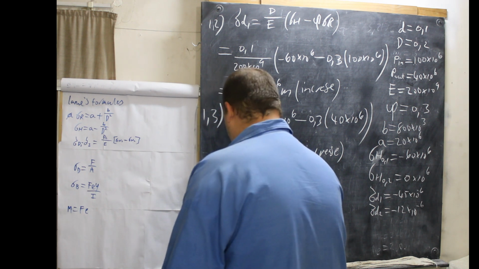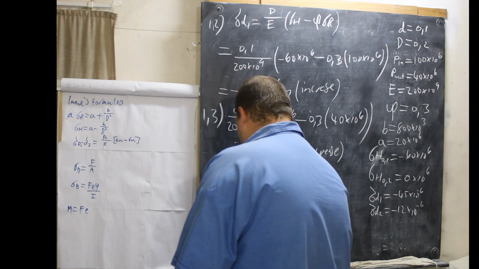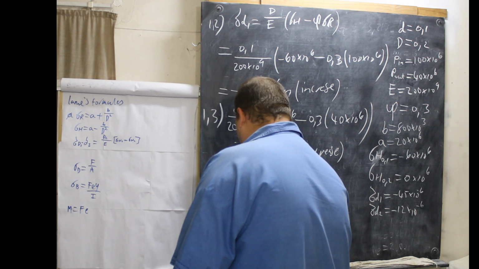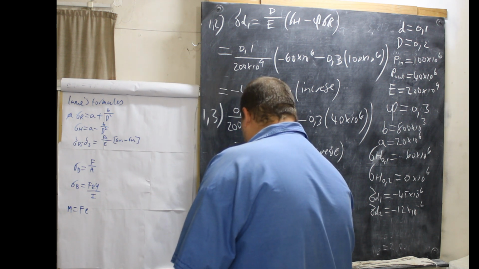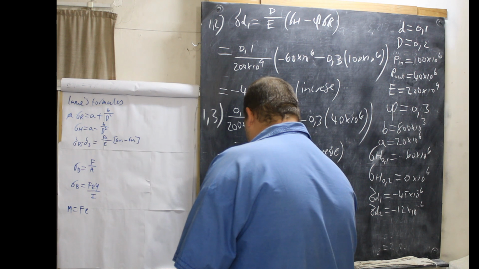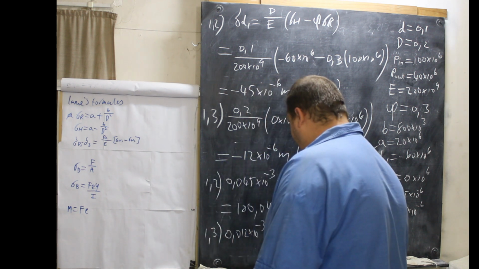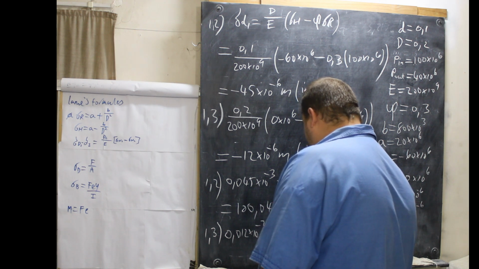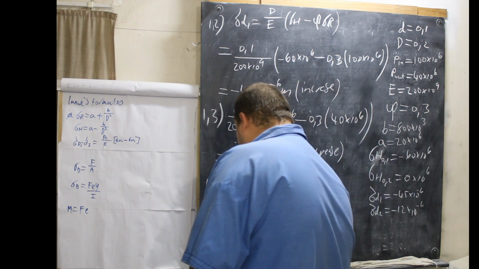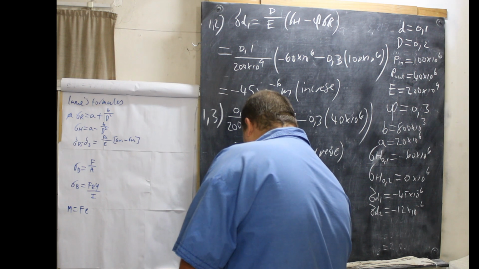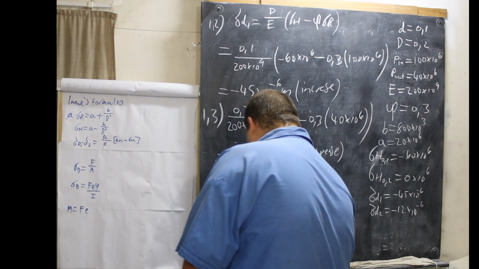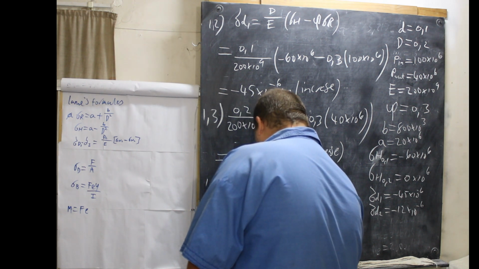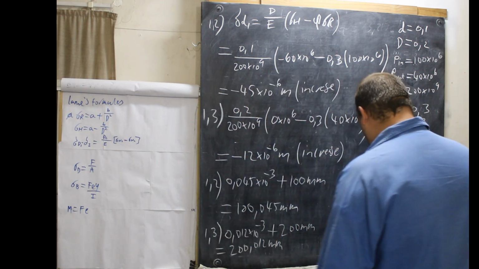1.3 is going to equal 0.012 times 10 to the minus 3 plus 200 millimeters, which equals 200.012 millimeters.